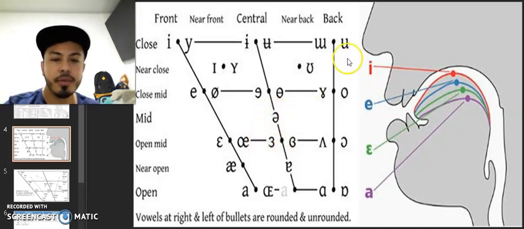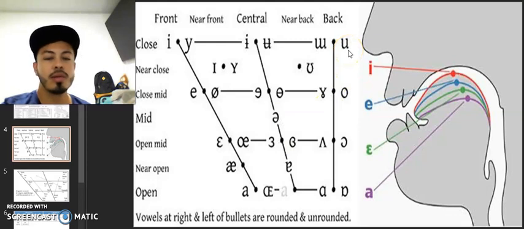Now let's continue with the oo sound. Oo. This oo sound, we use it in words like you, few or amusement. This u has another sound here, which is very close to oo, but a little bit different. It's more like an uh.